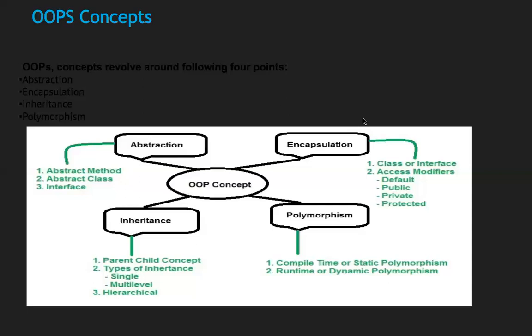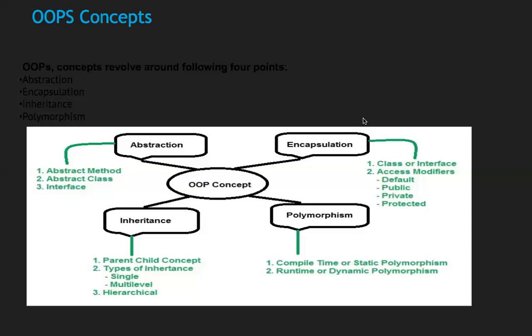Types of inheritance are single, multi-level, and hierarchical. And polymorphism is compile-time or static polymorphism, and runtime or dynamic polymorphism. These are the topics we'll be talking about in further videos to understand the OOPS concepts.